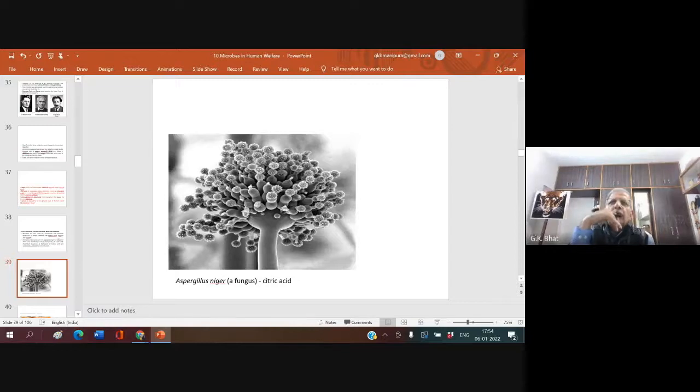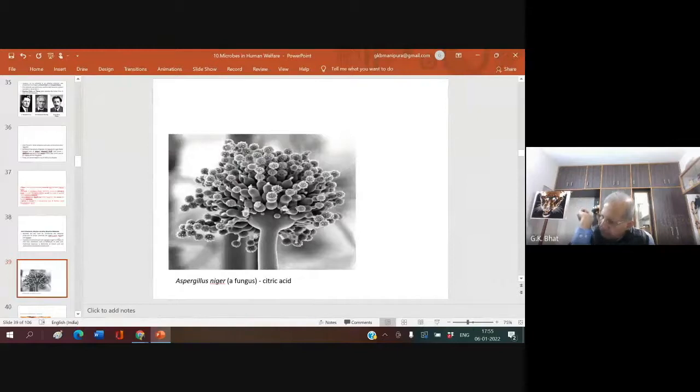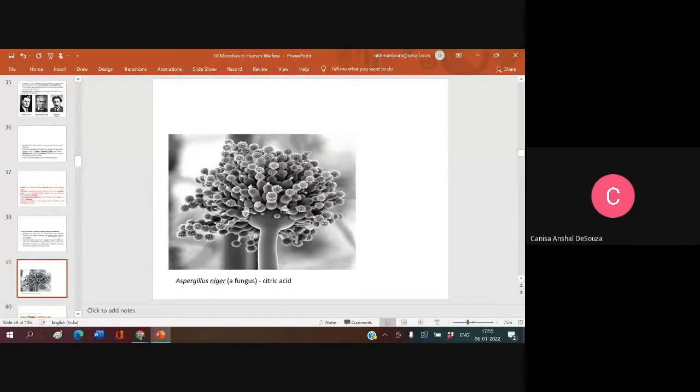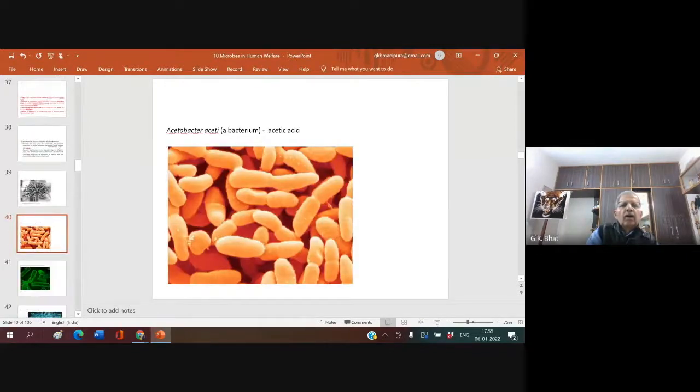Is it in the NCERT book? Apart from that, have you heard about Claviceps? Have you heard about Neurospora? Yes, sir. Have you heard about another two, morels and truffles? Yes, these are all examples of Ascomycetes.